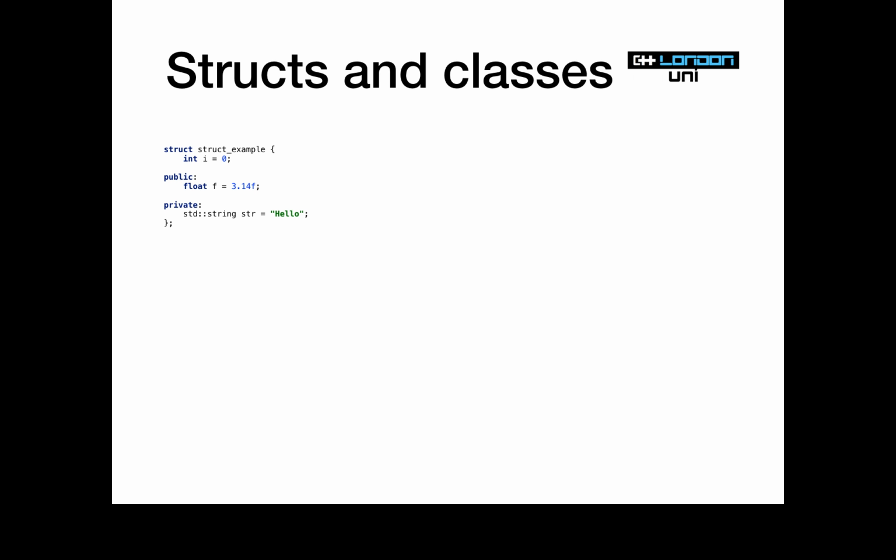So again, I want my nice big wall projector because it's come out tiny, I'm sorry. So we've got an example struct, it's got int i equals 0, public float f, public string, private string. And exactly the same thing, this time I've just used the class keyword instead of the struct keyword.